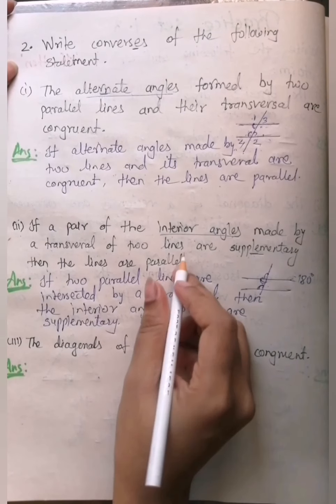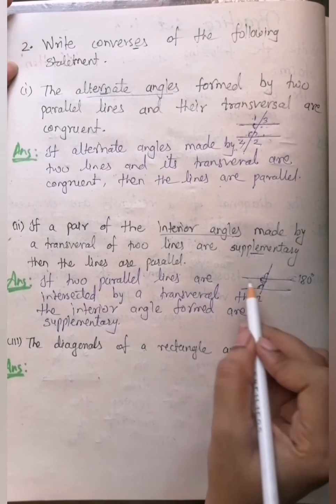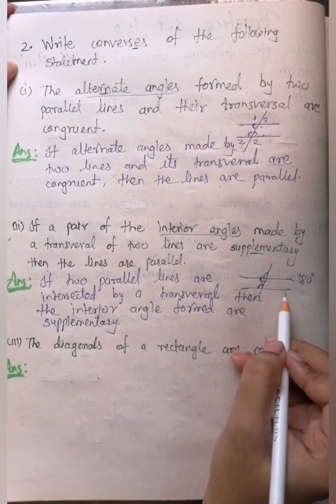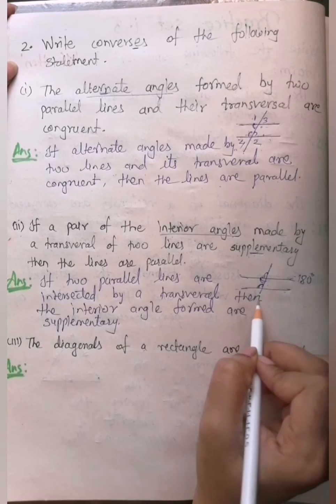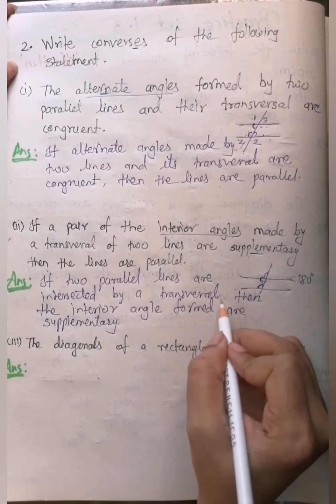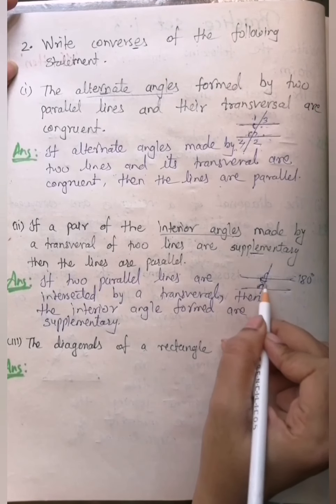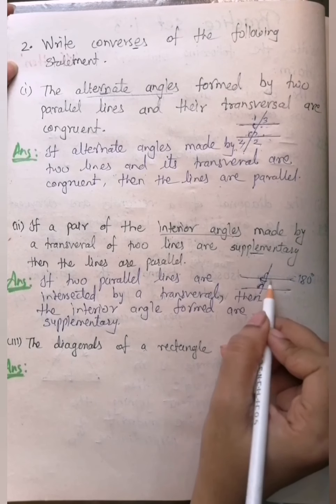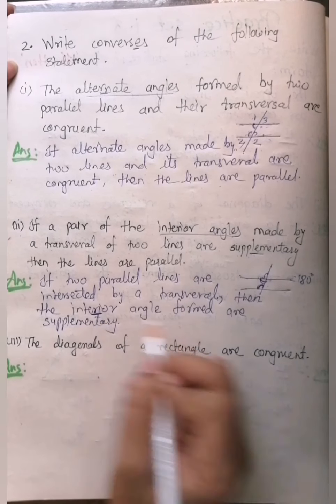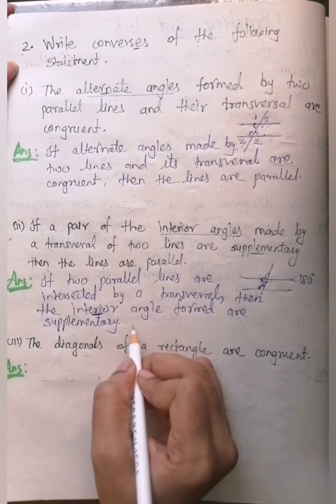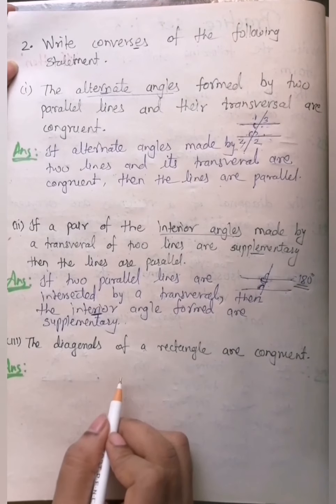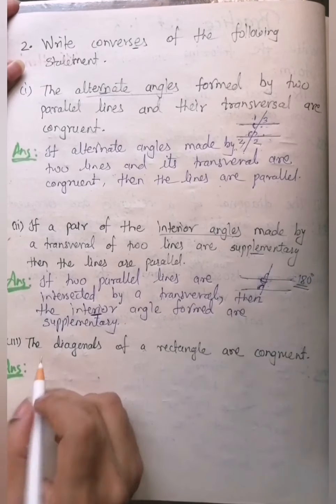This is the meaning of the statement. We take two parallel lines intersected by a transversal, then the interior angles formed are supplementary, that means the sum of the interior angles is 180 degrees. Clear? Now do the third one.